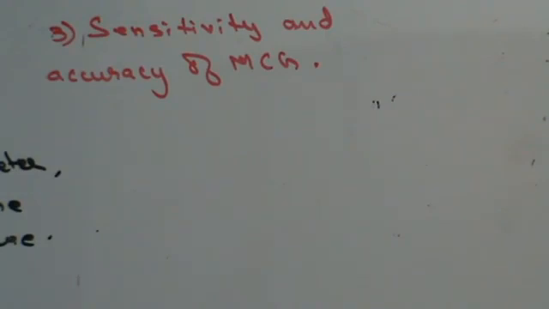If d theta is the change in deflection caused by a small change in current di, then the ratio of change in deflection to change in current is called sensitivity. How much will the deflection change if I change the current by a small amount? This ratio is defined as sensitivity. Do we get this clear?